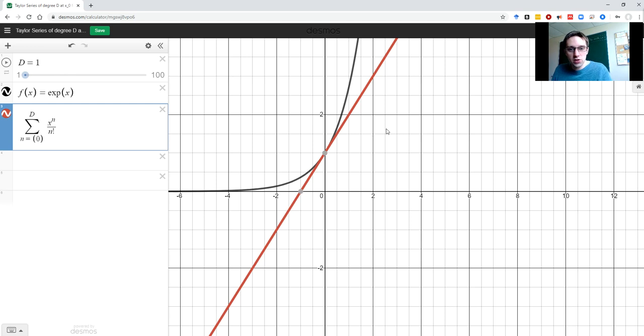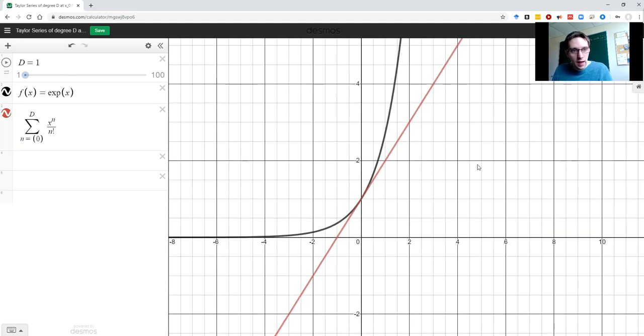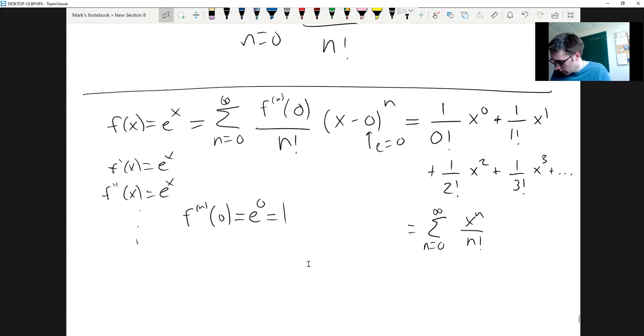And notice if I use just one term, let me quickly shift back to the formula we derived. If we look at that circled formula, the first term is x to the 0, which is just 1, and 0 factorial we said is 1.